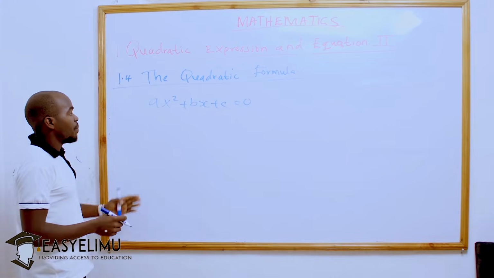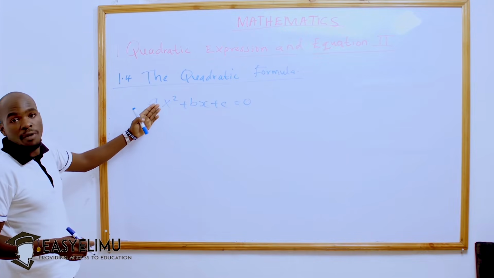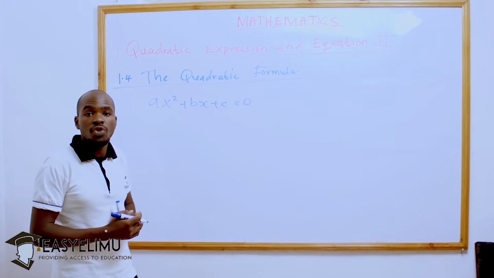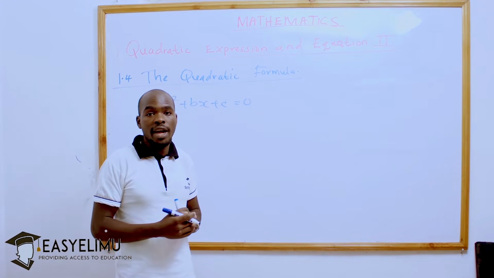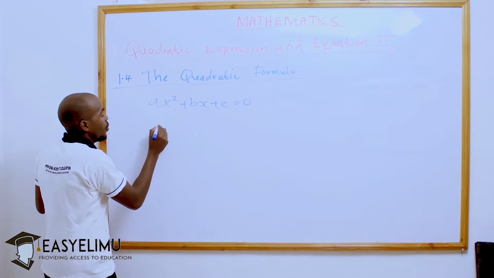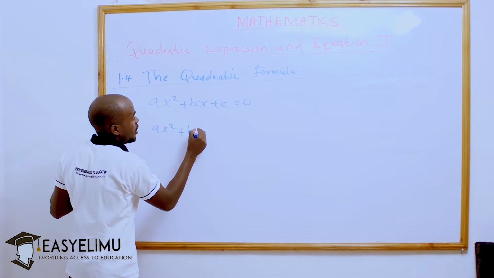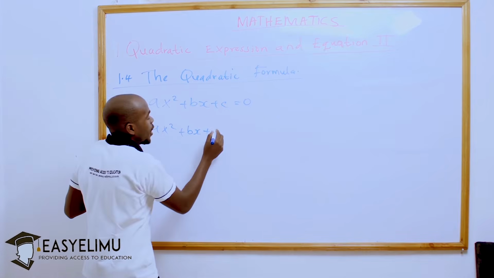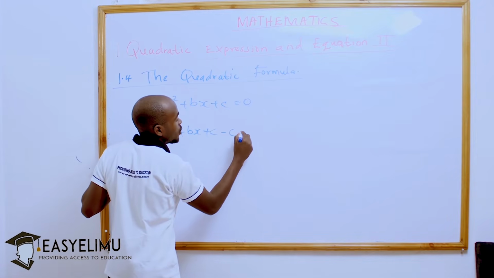For instance, being given this one, first of all, we need to solve it in the way we used to solve it using the completing the square method. And for that instance, we say we shall take ax squared plus bx plus, now on the left hand side, whatever we do, we need to do it on the right hand side.